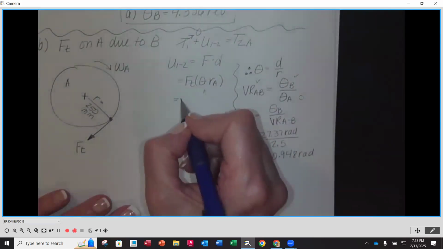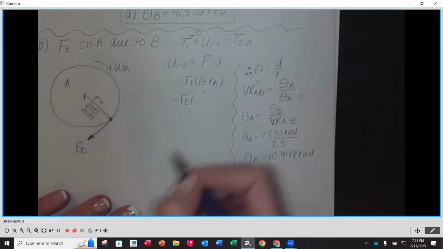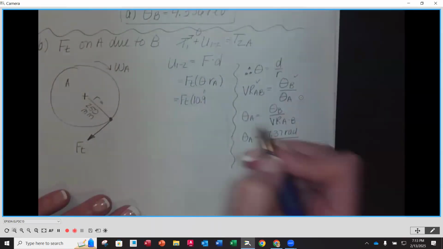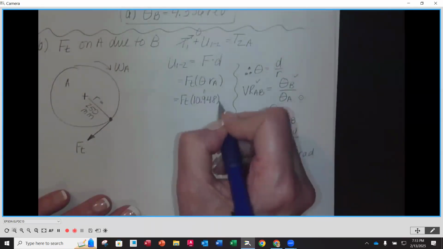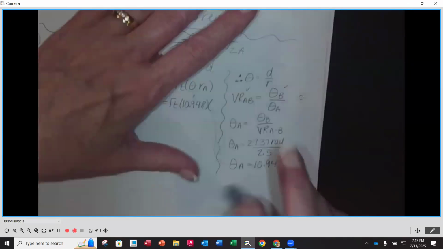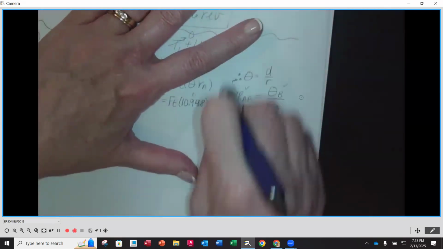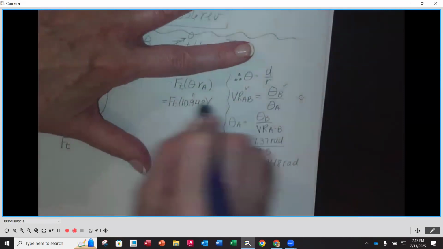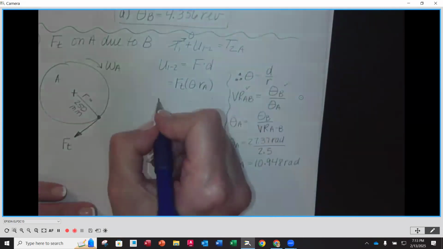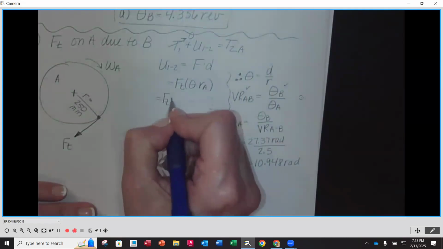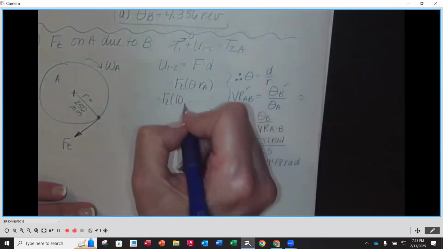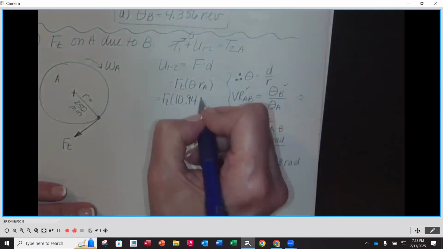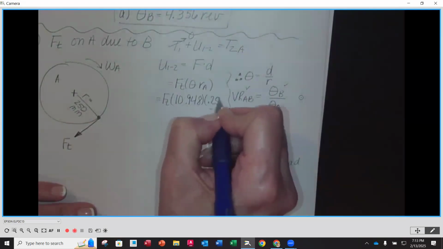So this is going to be equal to FT times 10.948 times the radius, which equals FT times 10.948 times 0.25.